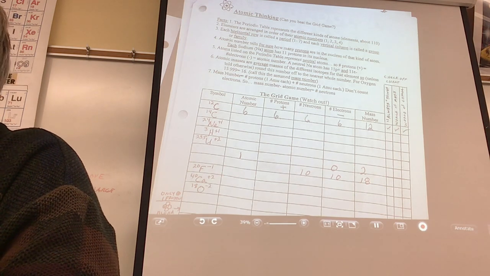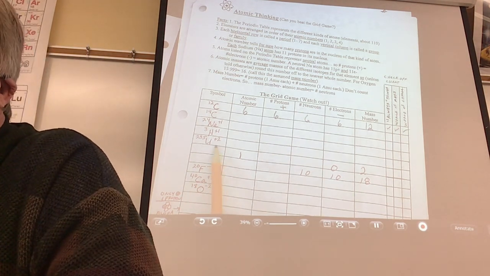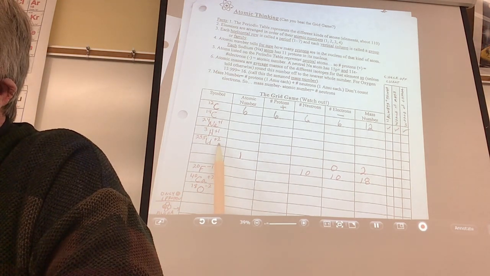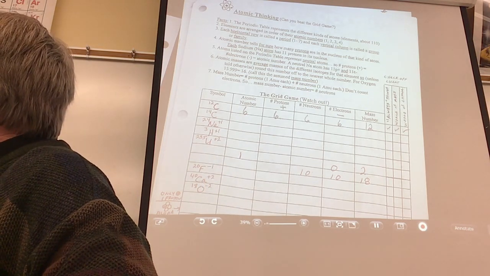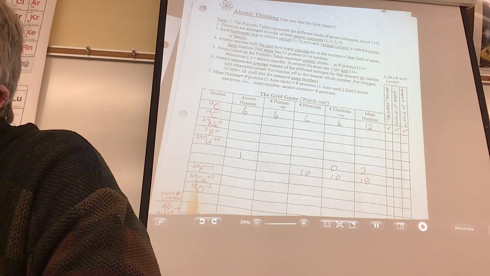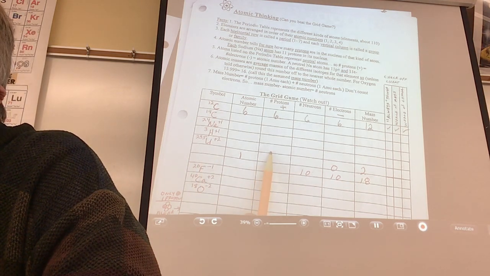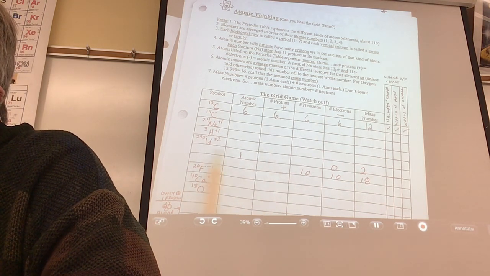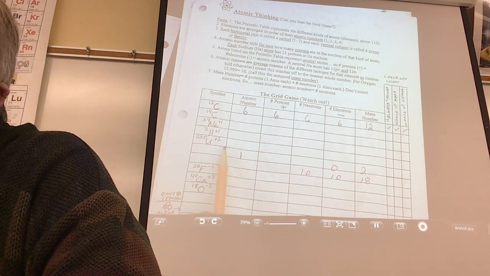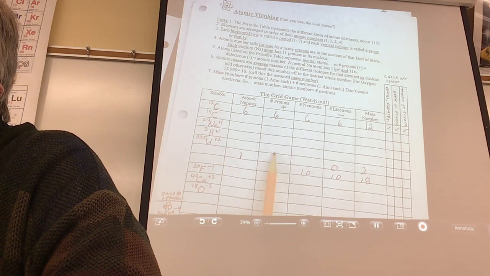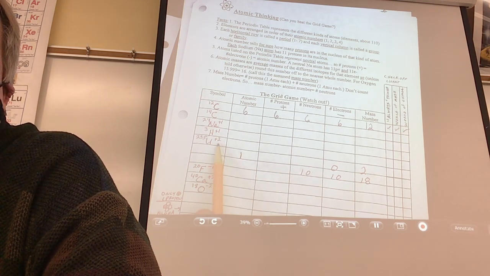And I have one more hint for you. See this guy here? Whoever picks this one, look on the periodic table way down here. See 92? You eventually are going to put 92 protons here, aren't you? But when you do the world of charge, you're going to have 92 pluses. But how many minuses are you going to have? I'll give you a clue. It's like a soccer game. The pluses have scored 92 goals, and the pluses are ahead by 2.